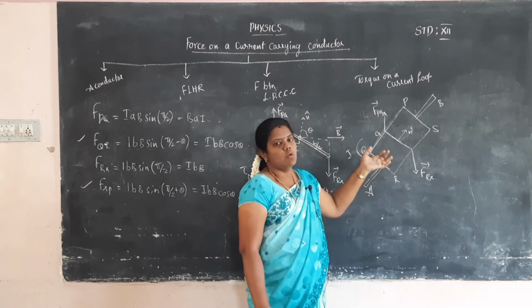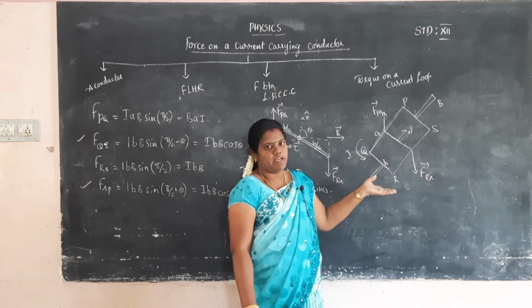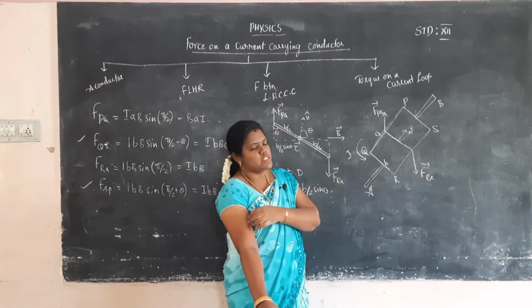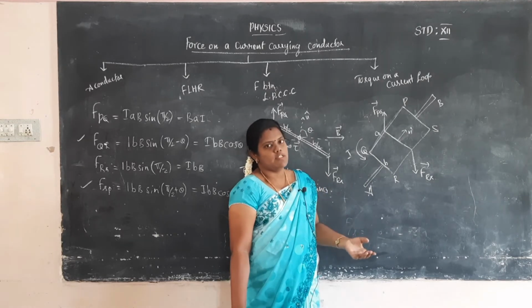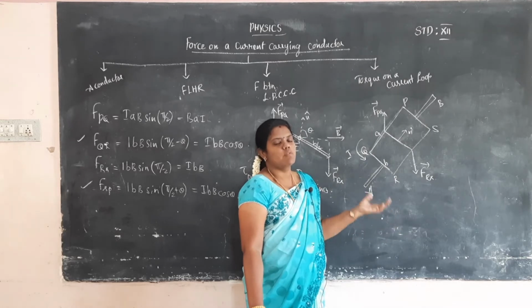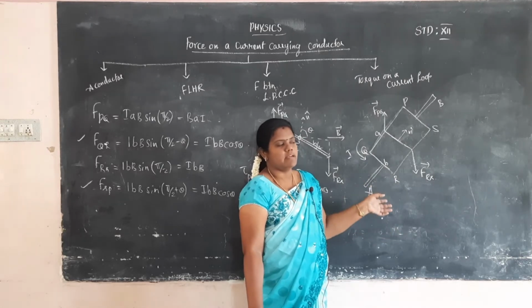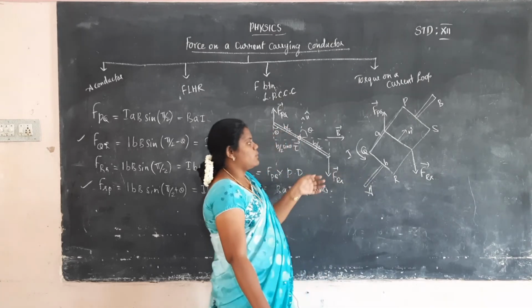Sometimes the loop is parallel to the magnetic field, sometimes perpendicular to it. When it is parallel, what force is created in the loop, and when perpendicular, what torque acts on the loop, that will be calculated.